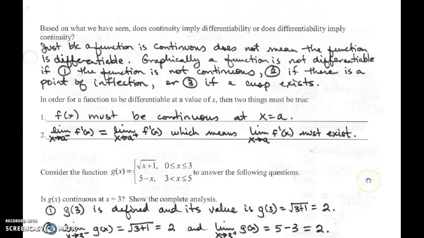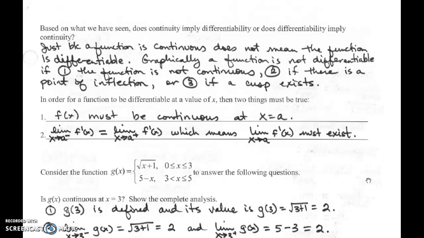I just want to give you the answer key. You can pause the video and write down anything you want. By the way, sometimes they're called cusps or nodes that have sharp turns. And you can talk about graphically a function is not differentiable if the function is not continuous. A point of inflection.